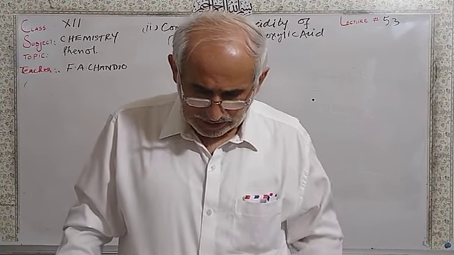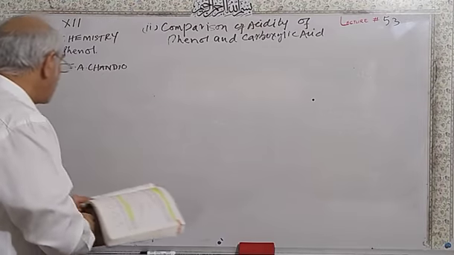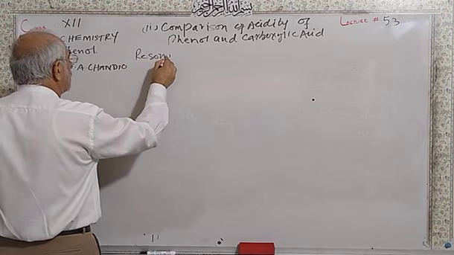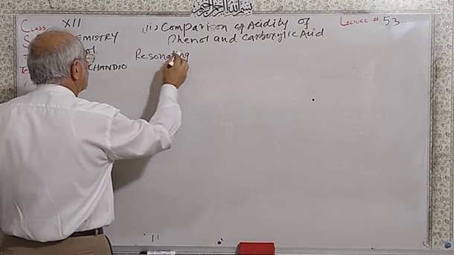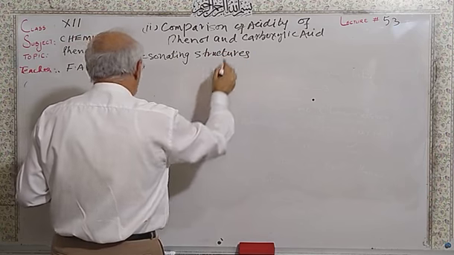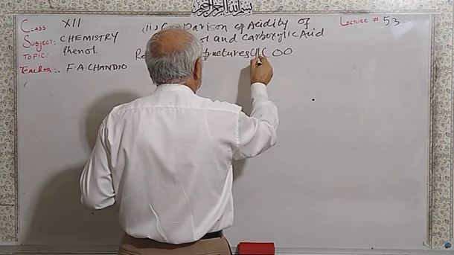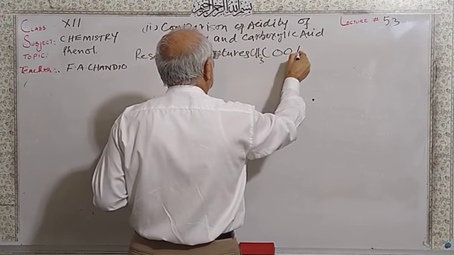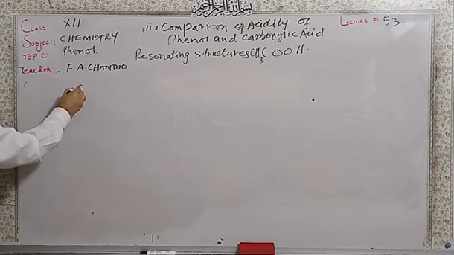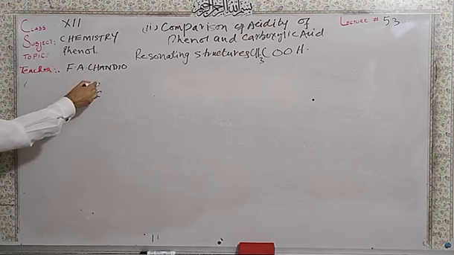Dear students, you can see the resonance structures of carboxylic acid. This is the alkyl group attached to the carboxylic acid.